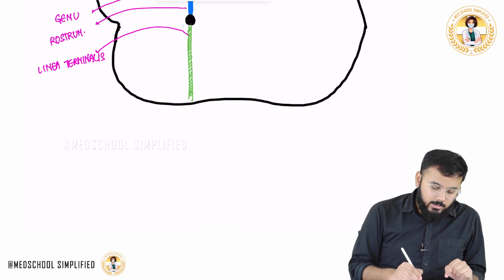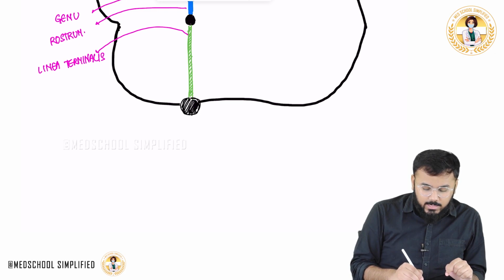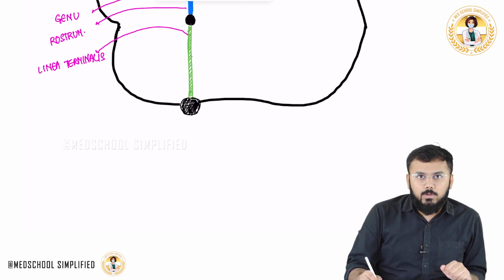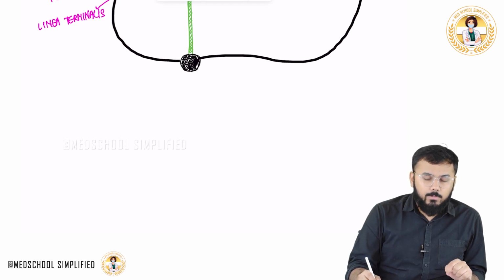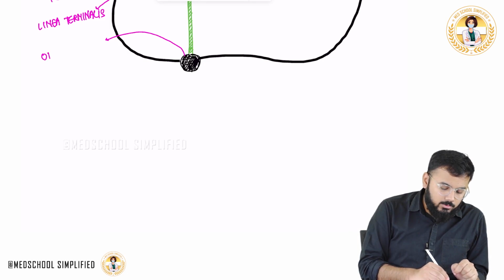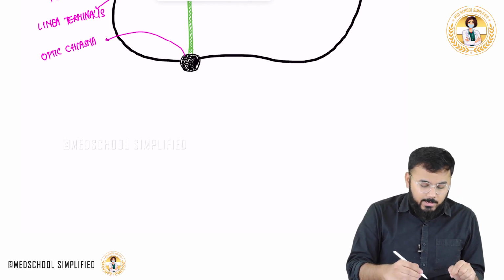Now attached to your linea terminalis, you see this structure here, right? This structure is called your optic chiasma. I hope all of you know what the optic chiasma is.